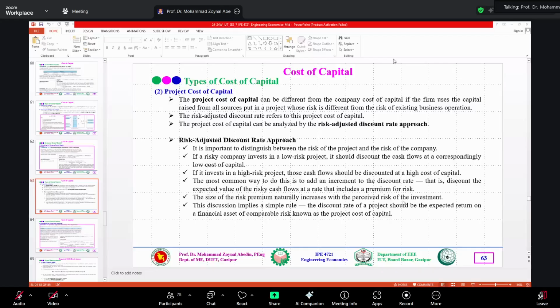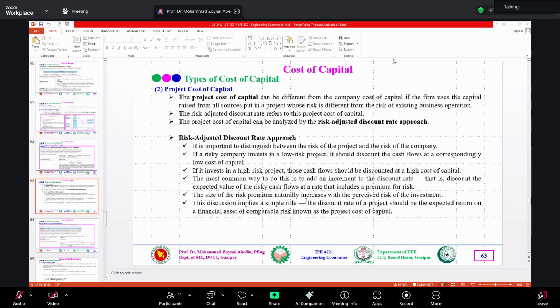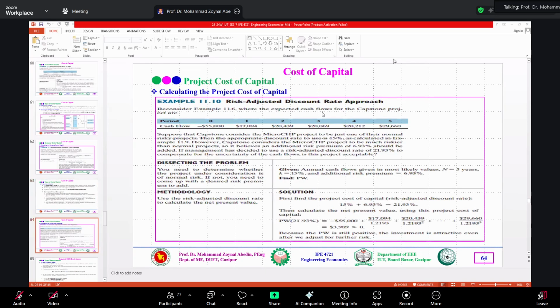The rule is the discount rate of a project should be the expected return on a financial asset of comparable risk, known as the project cost of capital. Now the calculation, if you understand this one, you can easily understand the project cost of capital.